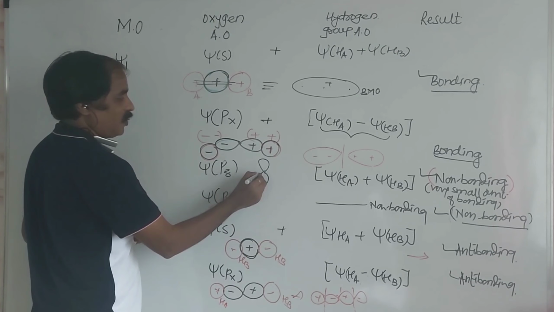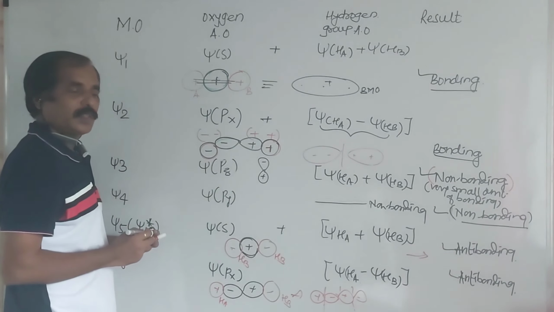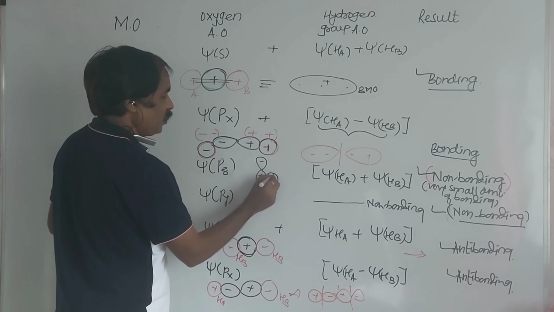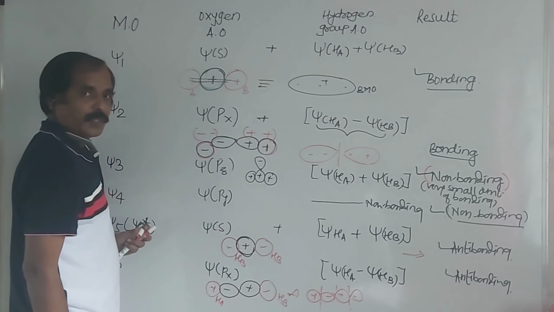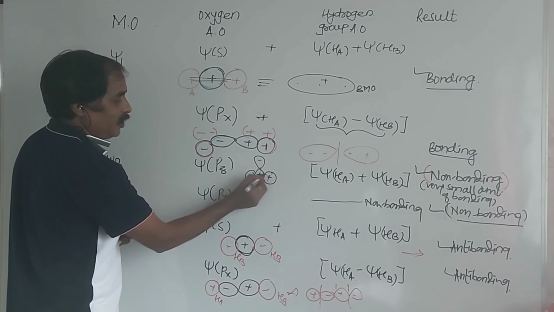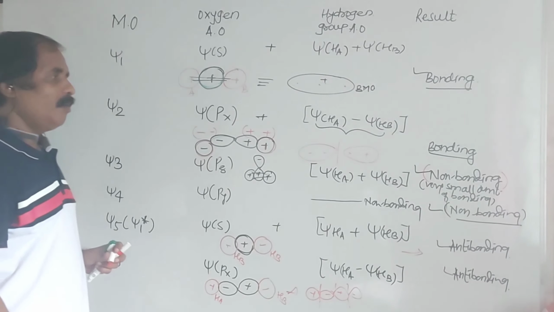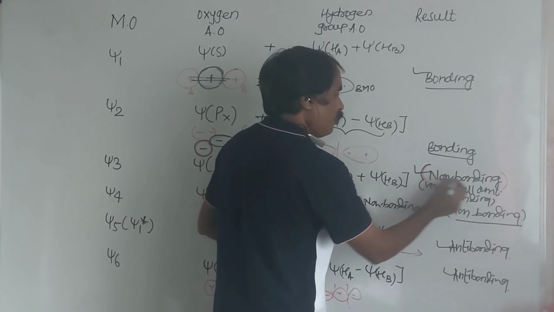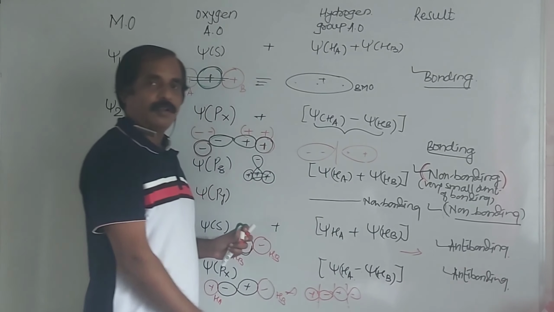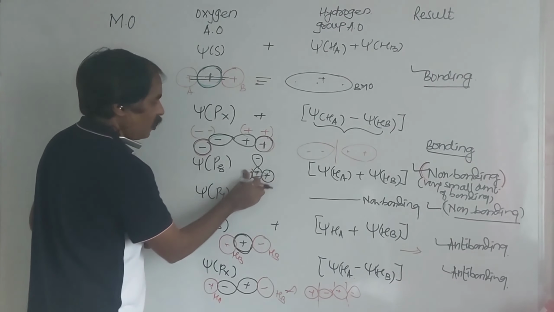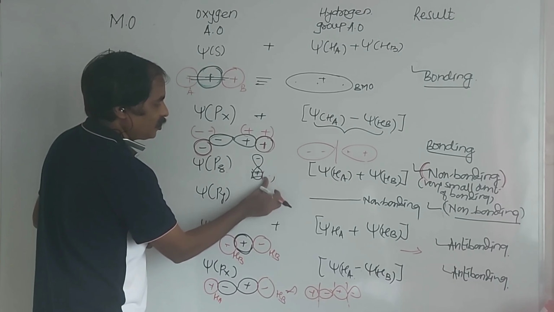This is pz, suppose here it is positive, here it is negative, and here I have taken the same sign of hydrogen atom, so here it is positive, here it is positive. Note that here positive addition is there, and a formation of what? Bonding molecular orbital. But remember, here the result is the formation of a non-bonding molecular orbital, and only a trace amount of bonding is there. How? Because there is a neutralization.